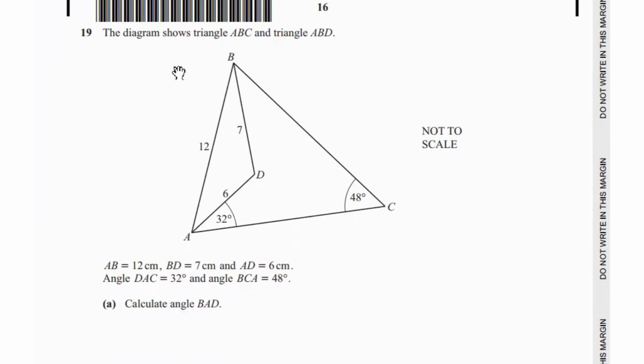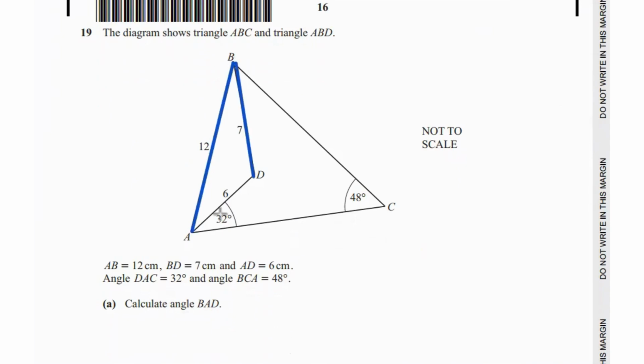The diagram shows triangle ABC and triangle ABD. AB is 12 centimeters, BD is 7 centimeters, and AD is 6 centimeters. Angle DAC is given as 32 degrees, and angle BCA is 48 degrees. We have to calculate the angle BAD. So let's highlight this triangle first.